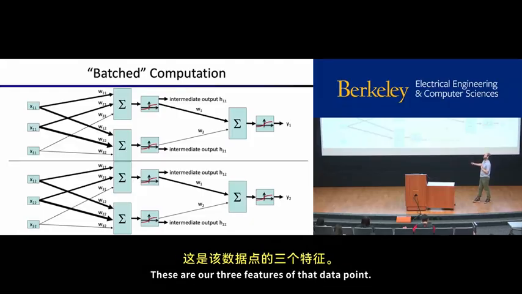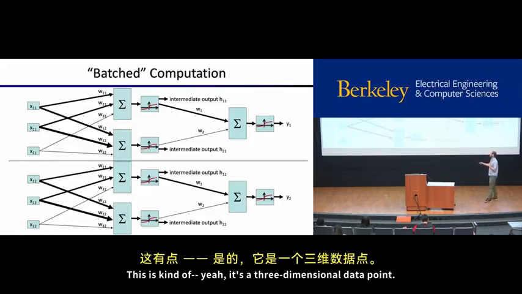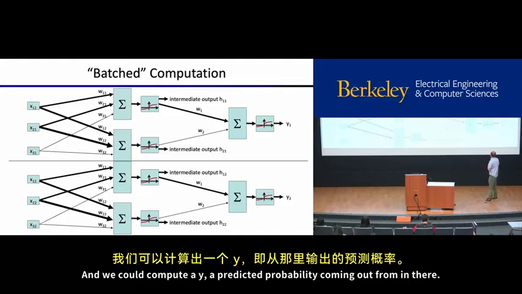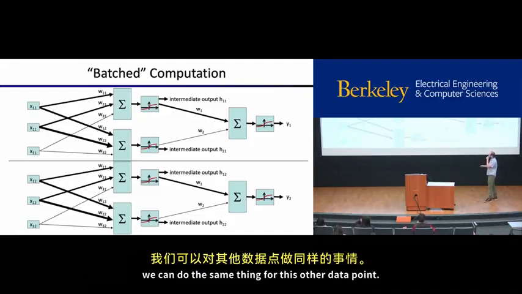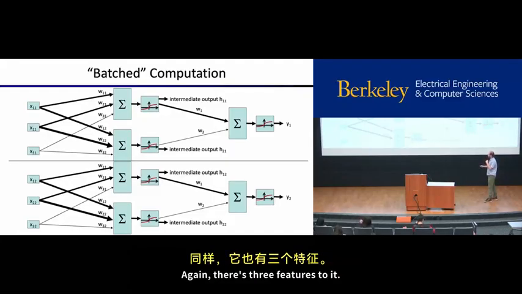These are our three features of that data point. It's a three-dimensional data point, and we could compute a Y, a predicted probability coming out. If these are sigmoids, then this will give us a probability. We can do the same thing for this other data point. Again, there are three features to it.